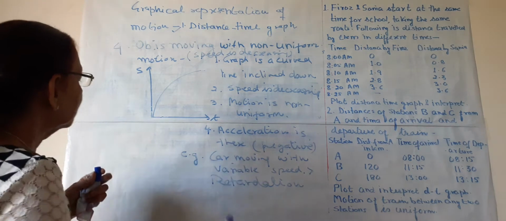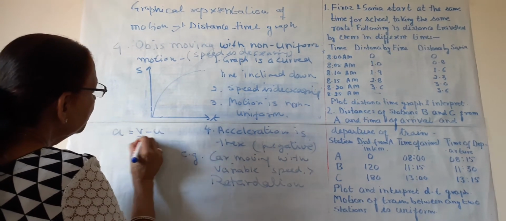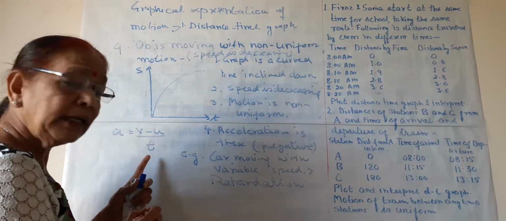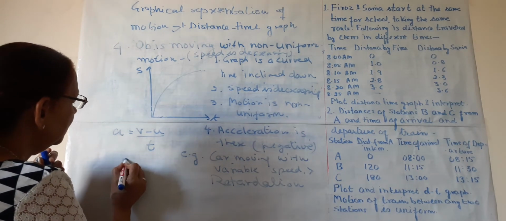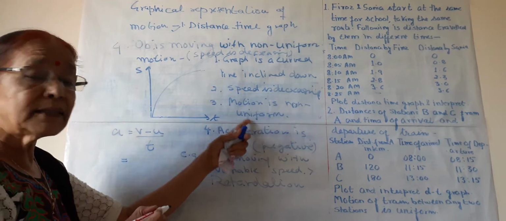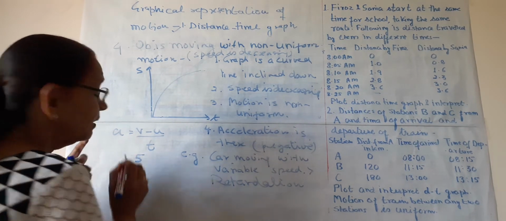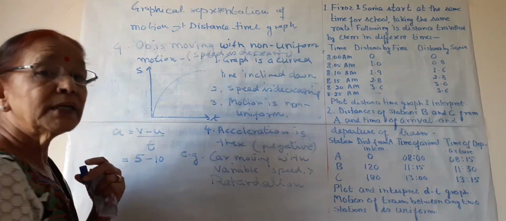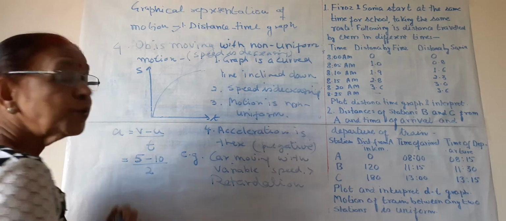We can see this by a very simple example. As all of you know, a is v minus u upon t. This is the final velocity, this is the initial velocity, this is the time taken, and a is acceleration. Suppose the final speed is less than the previous: the final speed is 5 meters per second and the initial speed is 10 meters per second, and the time taken is 2 seconds.